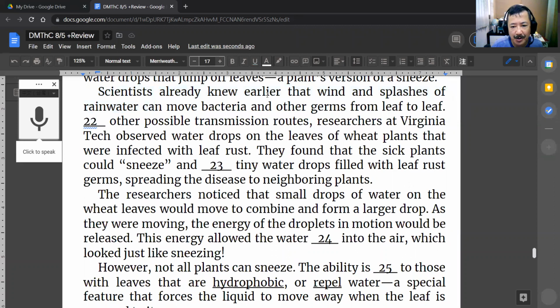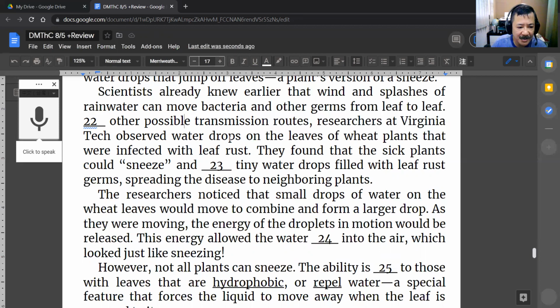Scientists already knew earlier that wind and splashes of rainwater can move bacteria and other germs from leaf to leaf. They already knew that wind and rainwater can move bacteria and germs from leaf to leaf. So they already knew that. And then here it says blank other possible transmission routes.